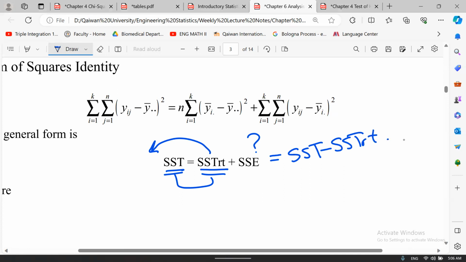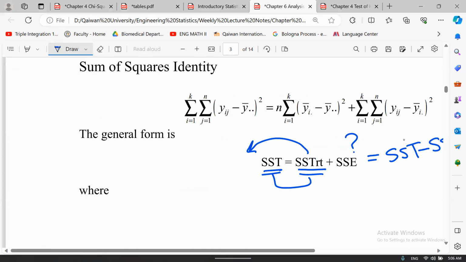I'm going to tell you what SST, SSTRT and SSE are. So if we just find two of them, we could calculate the third one based on the other two, using this equation. We say SST is equal to SSTRT plus SSE. You should know this formula.